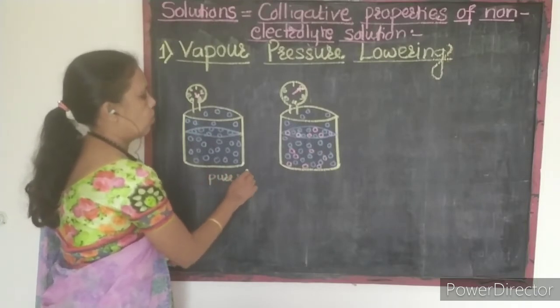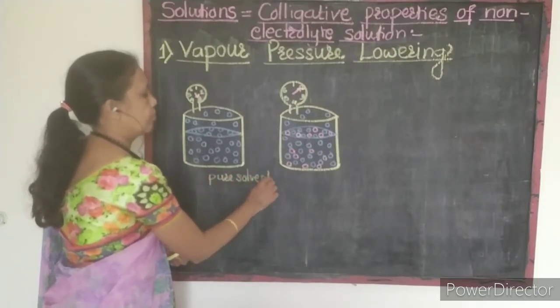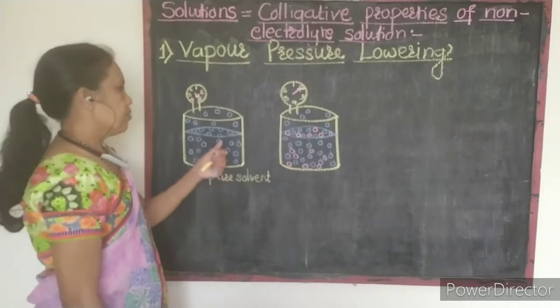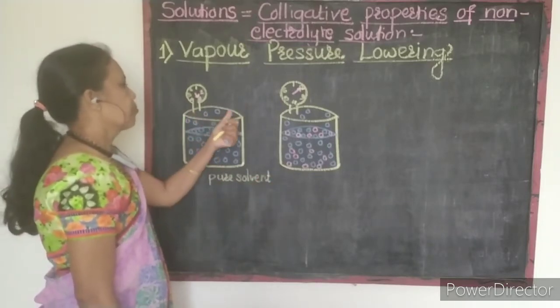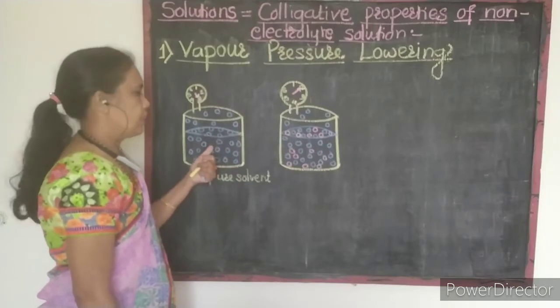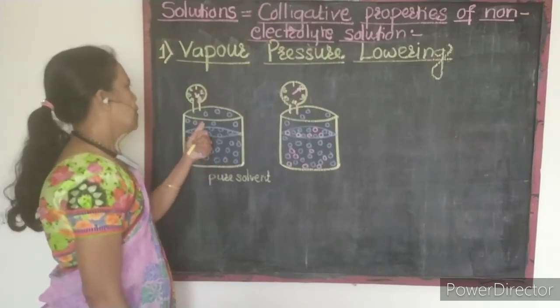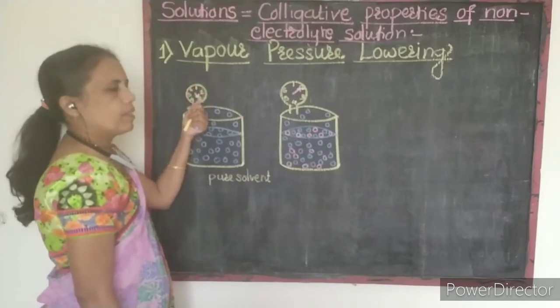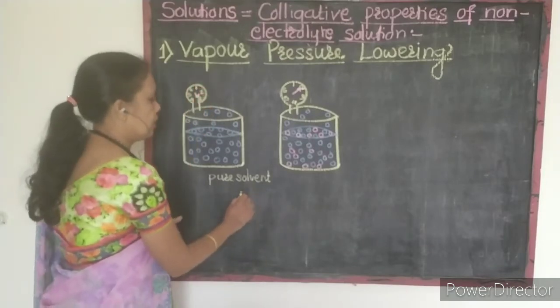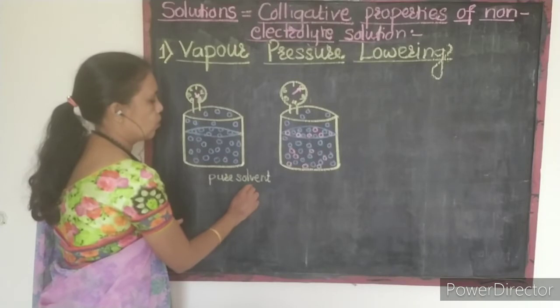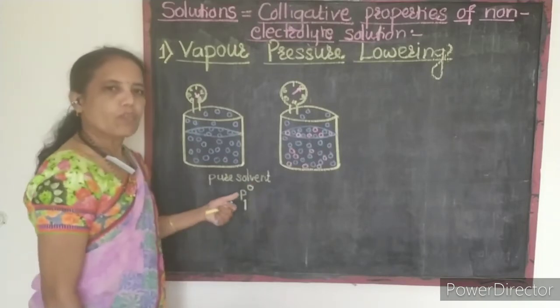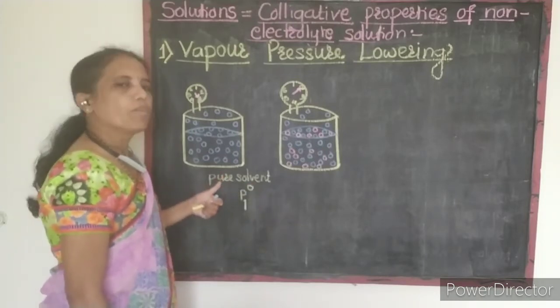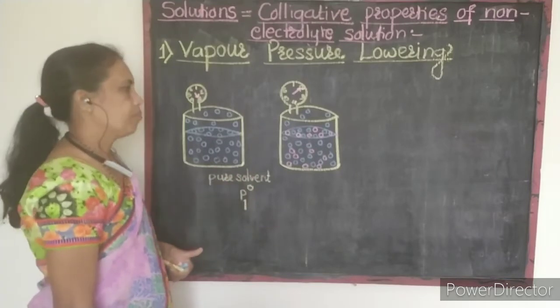Here the vapors are vapors of its liquid and the pressure exerted is shown in this apparatus. Suppose we consider this as P10. P10 is the vapor pressure of pure solvent.